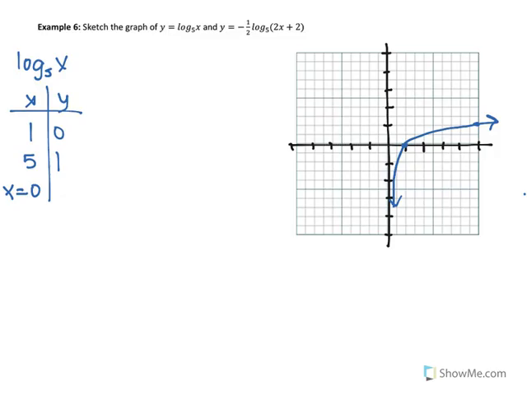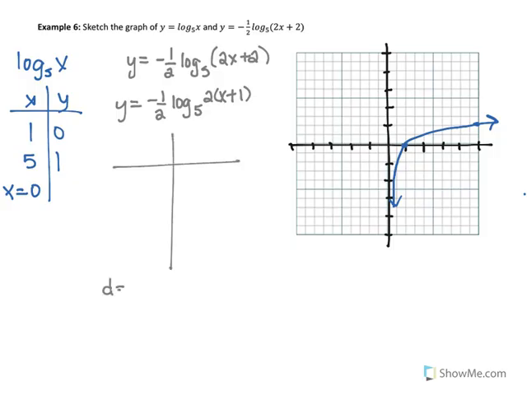Alright, now our transform point. So we have y equals negative 1/2 log base 5 of (2x plus 2). So because that is in brackets, it is our h value. And we need to simplify that to say 2x plus 1.